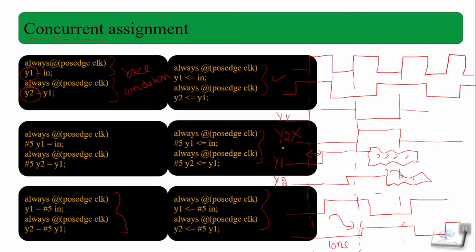So now we have the idea that transport delay works fine whenever we go for sequential execution of our circuits, and we know that inertial delay works fine when we go for combinational circuits. Let's understand the combinational circuit execution.